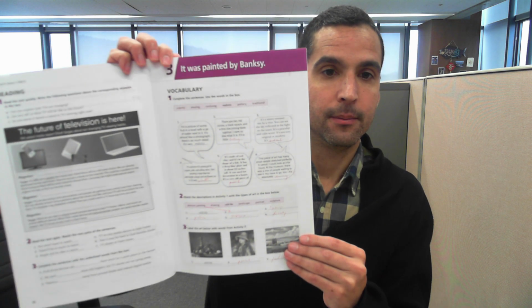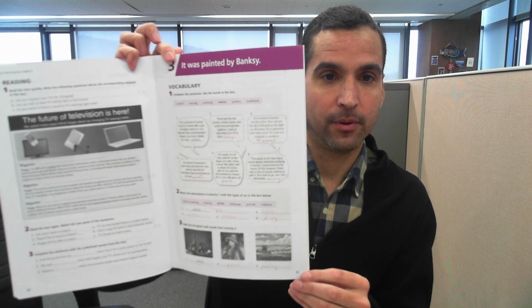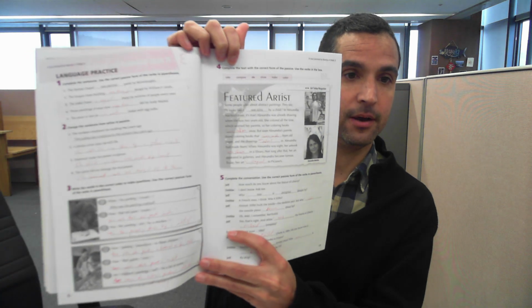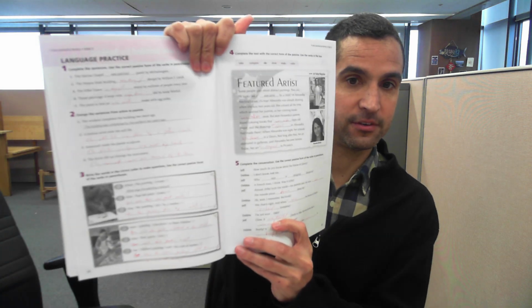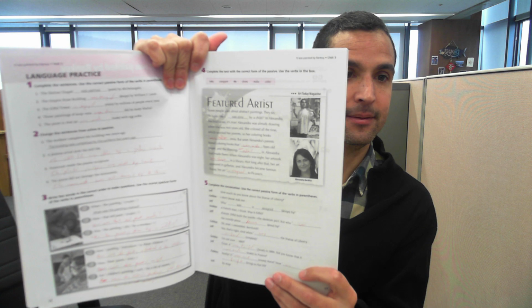I just want you guys to do page 11 here in the workbook, and I want you to do pages 12 and 13 also. Please do that for homework. And remember, I'll be checking your workbooks later, so make sure you're keeping up with the workbook pages. So do 11, 12, and 13. And then in the second part of Unit 3, you guys can check your answers for the workbook.